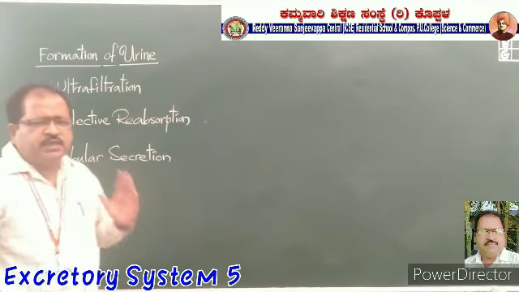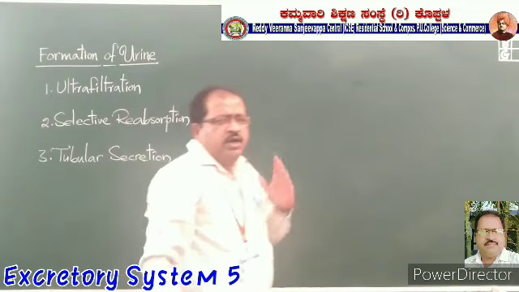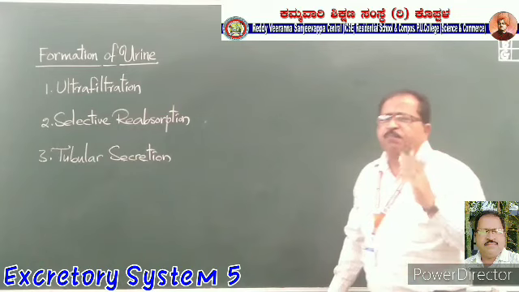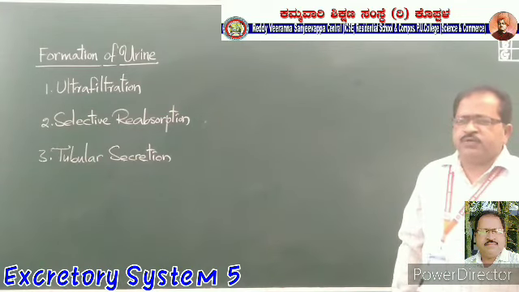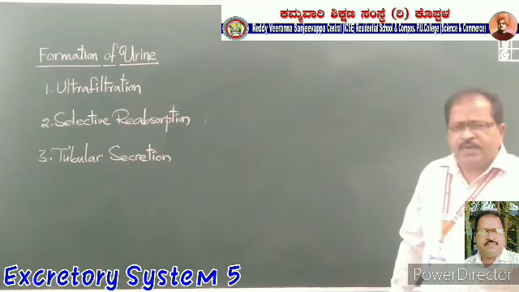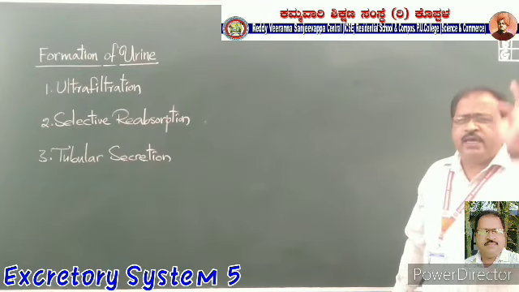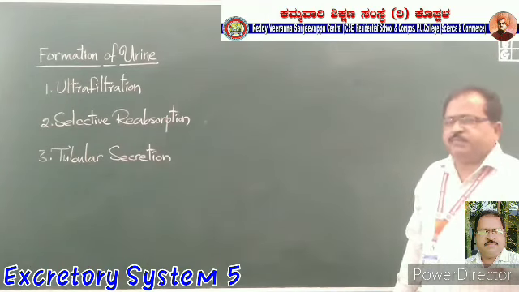These are the three stages by which urine is formed in our body. Okay, this urine formation or the filtration of the blood takes place only in the nephrons of the kidney.